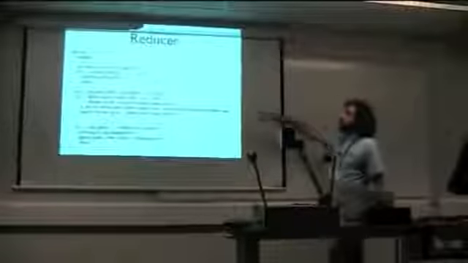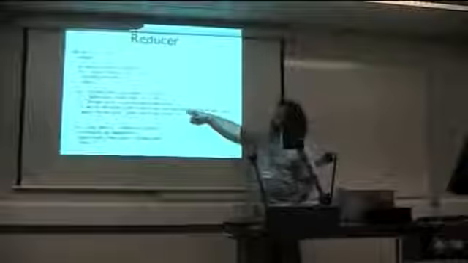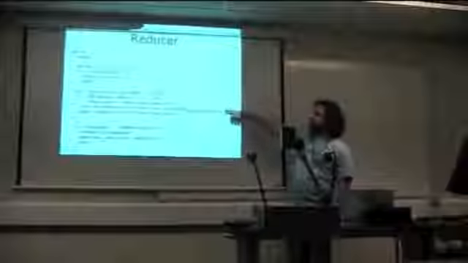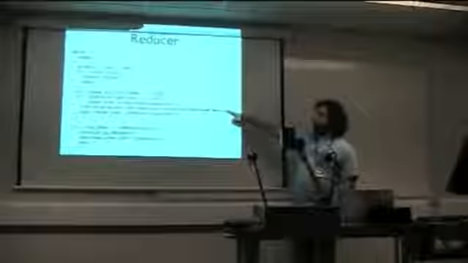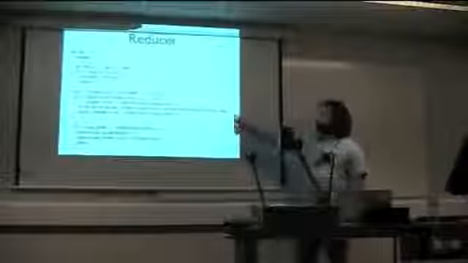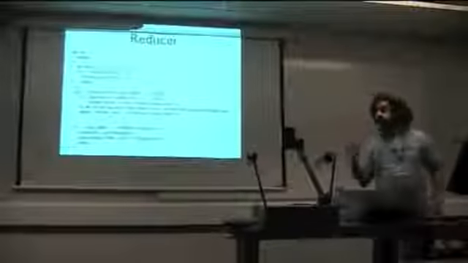Here you check: if the time slot I'm in is not the previous time slot, then it's a new one. So I'm going to write out the results from the previous time slot.